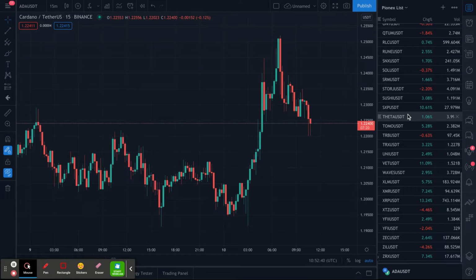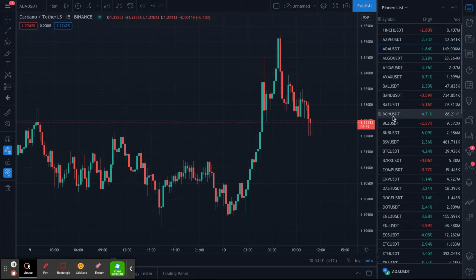So this has no 3Ls, no 3Ss, none of that. The first thing you're going to want to do is start with the actual main token. So you're going to look for a main pair. I use USDT. That's the leverage on Pionex that you can use.